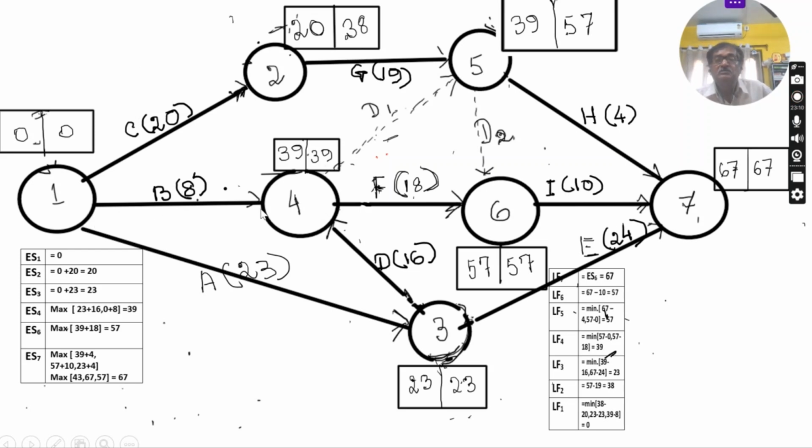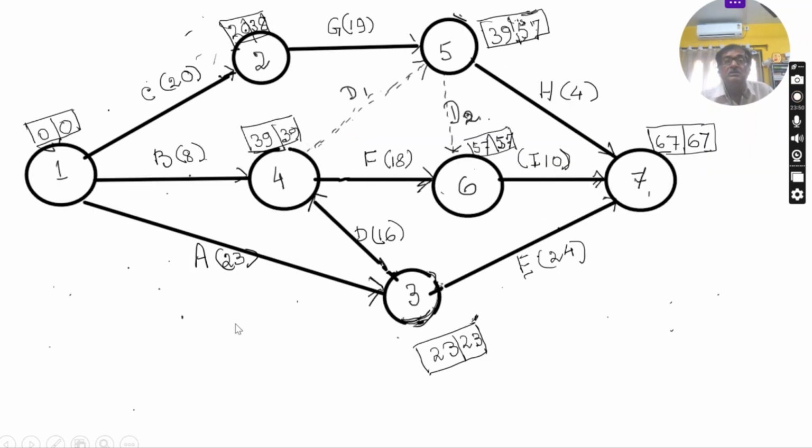If you take this path, the latest finish time is 39. 8 days are required to complete this, so it is 31. And if you take the path 1, 3, then 23 is the latest finish time minus the activity time 23, which is 0. So the minimum of the three is 0. That's why it is 0. So this process is over. This part of computation, earliest start time and latest finish time, is over. We have to proceed to the next.